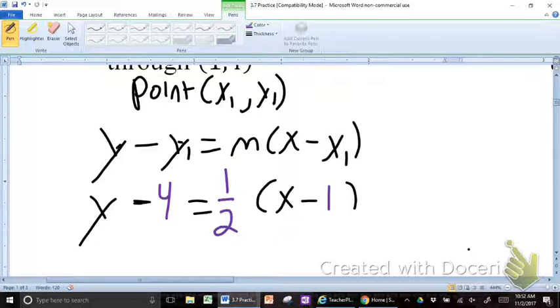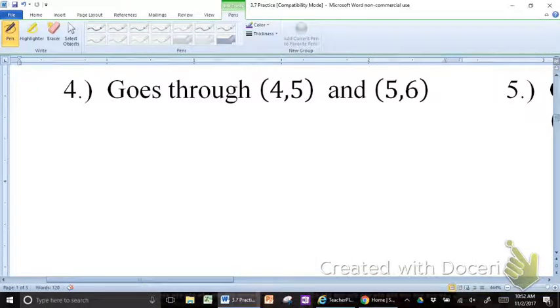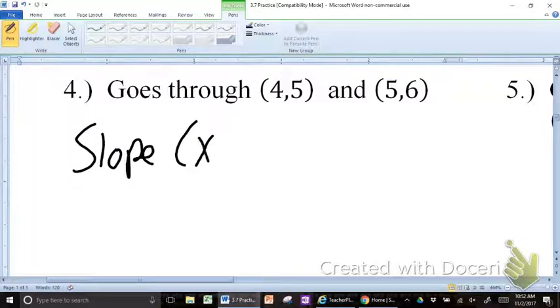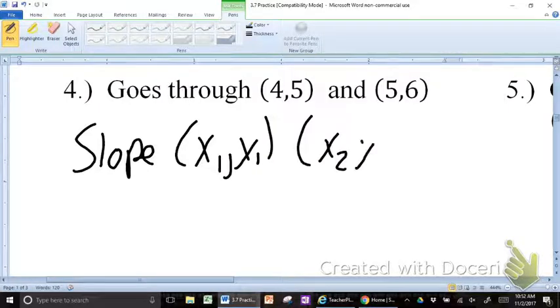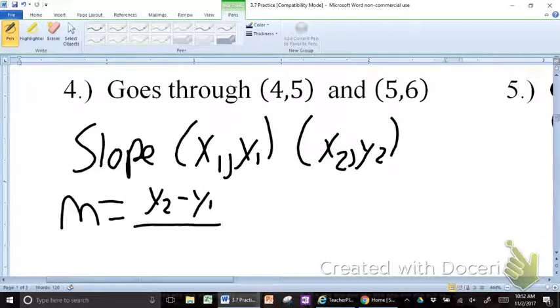All right, let's take a look then at number 4, the other example. It goes through (4, 5) and (5, 6). So the way that this will work, I don't have a slope, so I need to find it. I know that the slope of a line between 2 points x1, y1 and x2, y2 is m, our variable for slope, equals y2 minus y1 over x2 minus x1.